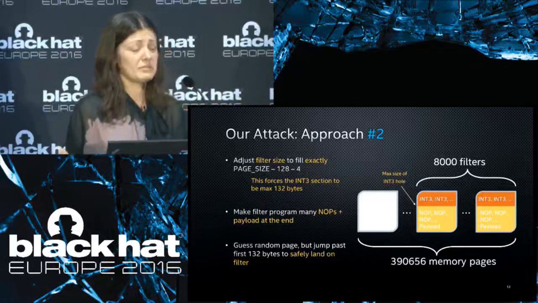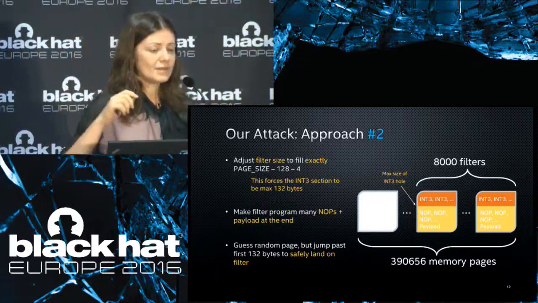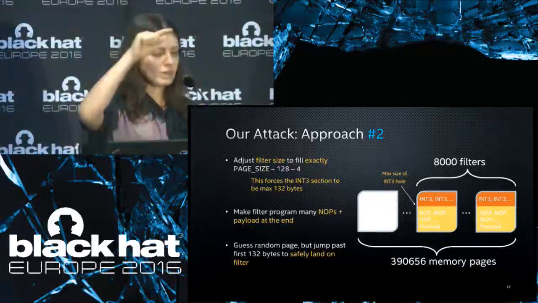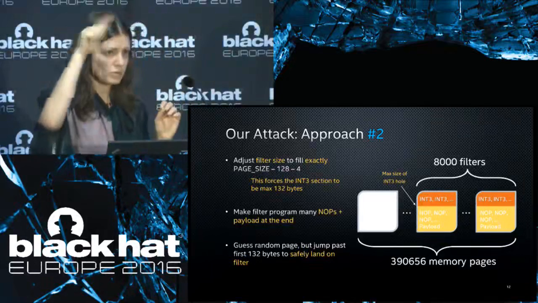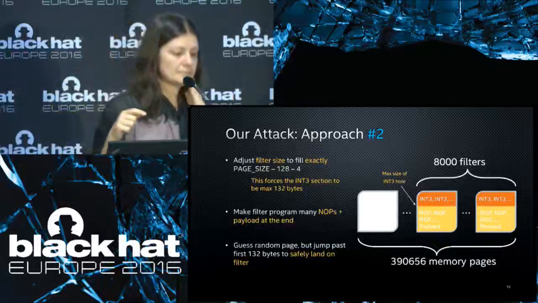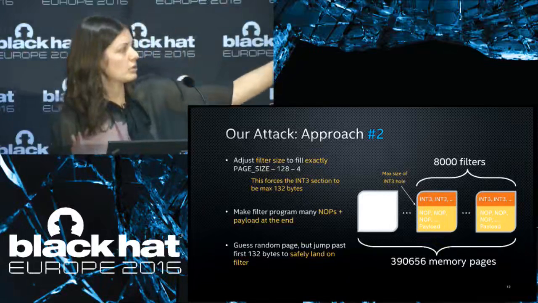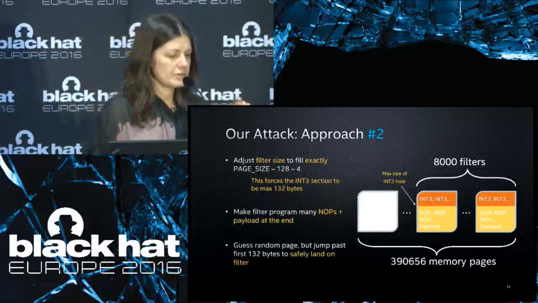It doesn't want to waste kernel memory, because kernel memory is not memory to be wasted. So it will try to allocate the filter in a way that it only prefixes at most 128 random bytes at the beginning. Of course, it's still random, so it's 0 to 128. So if you allocate your filter with the size of the page size minus 128 minus 4, this is just the header, one of the header structures.